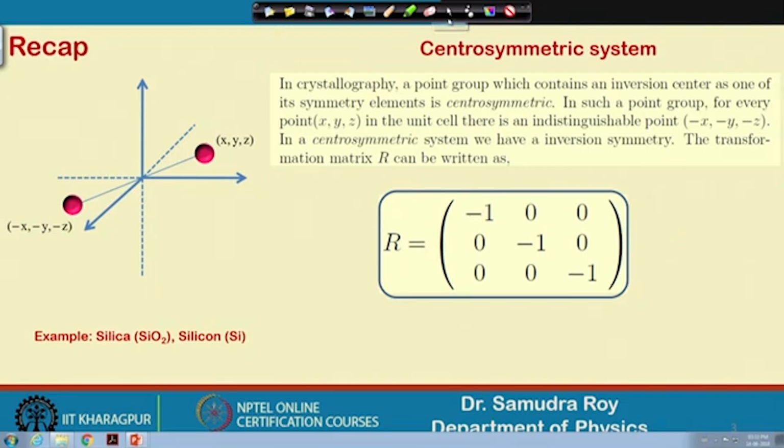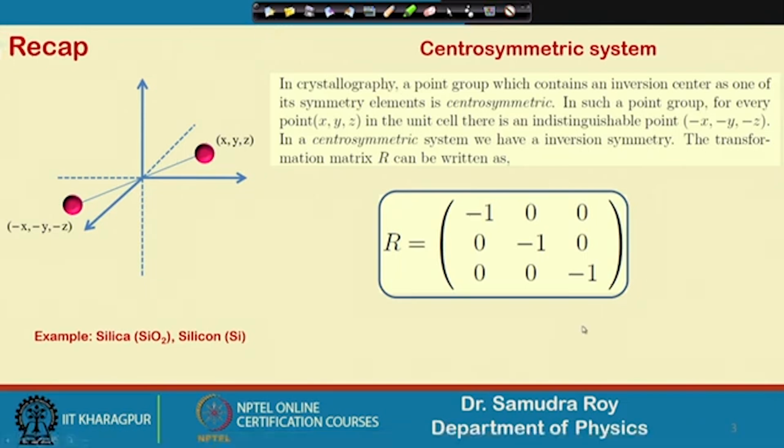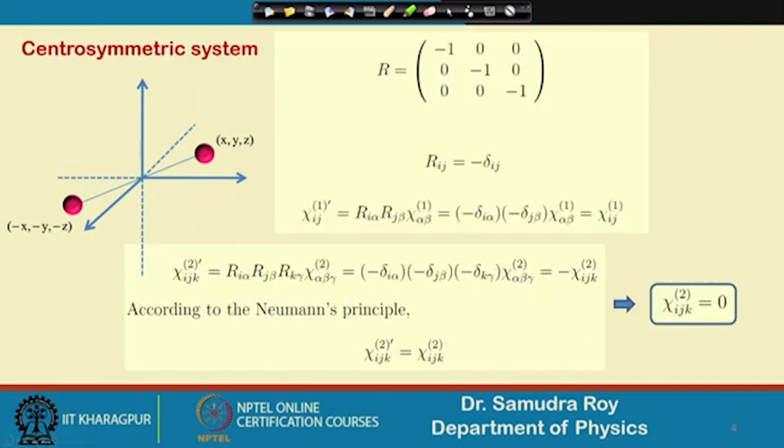Why chi 2 is 0 and why chi 3 is the first higher order effect, we can understand from a simple form: if a transformation matrix is given, we can readily find what the coefficient of the original matrix becomes after transformation.